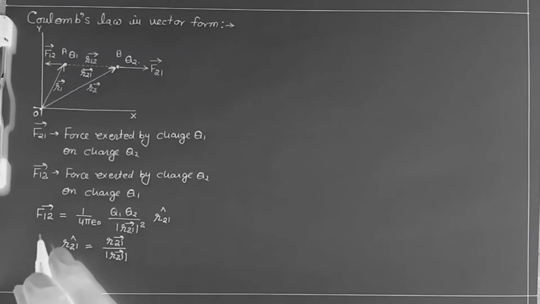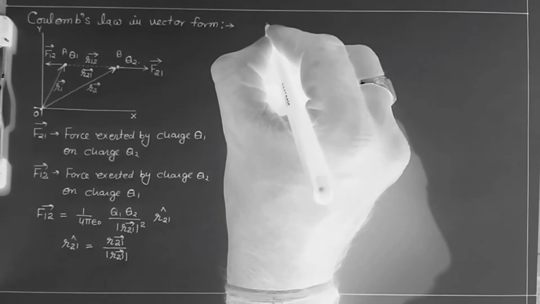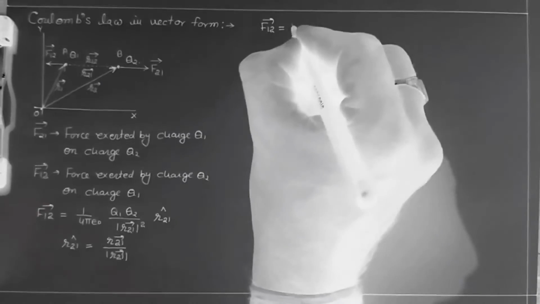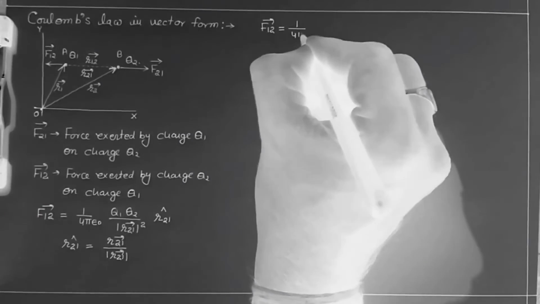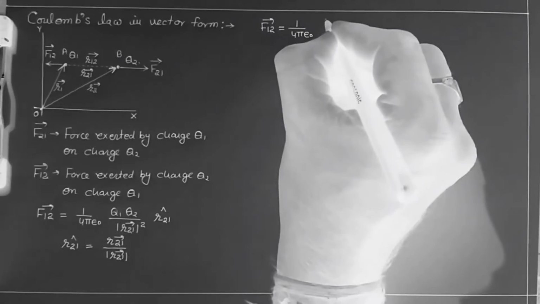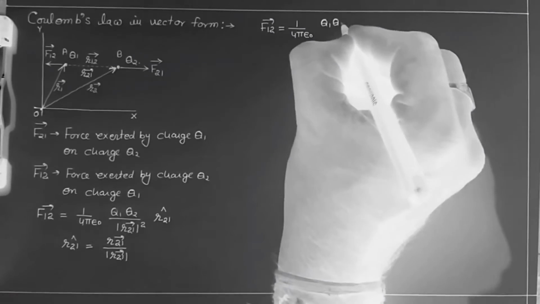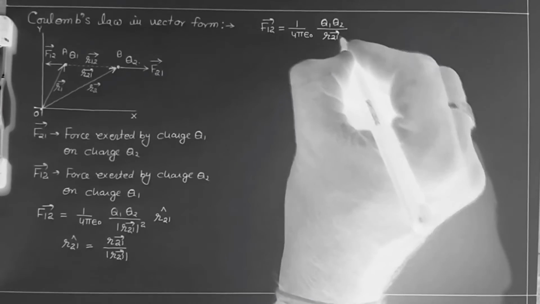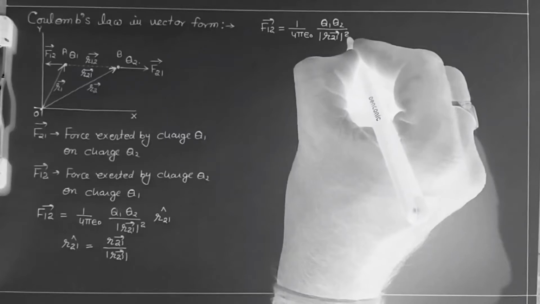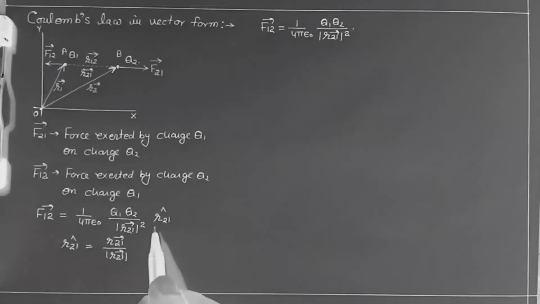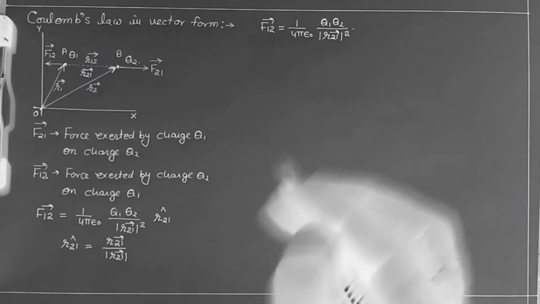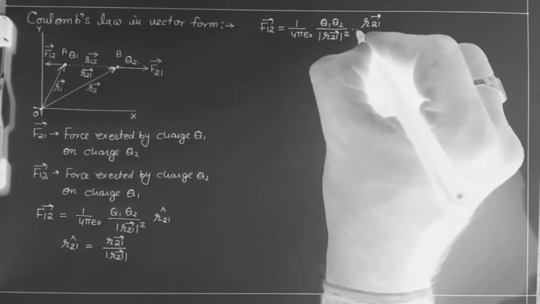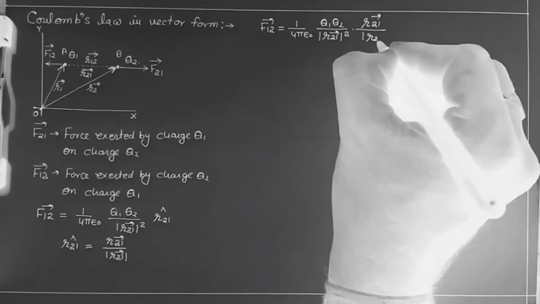So this force F12 vector can be written as 1 upon 4 pi epsilon naught Q1 Q2 upon modulus of R21 vector whole square, into the unit vector, which you can write as R21 vector upon modulus of R21 vector.